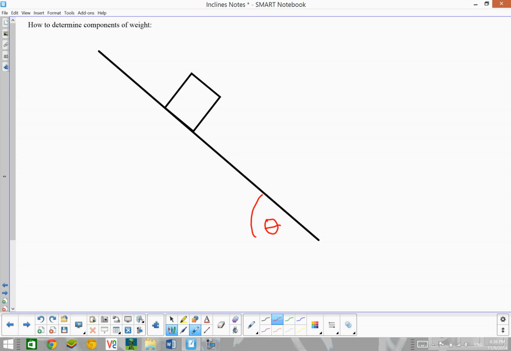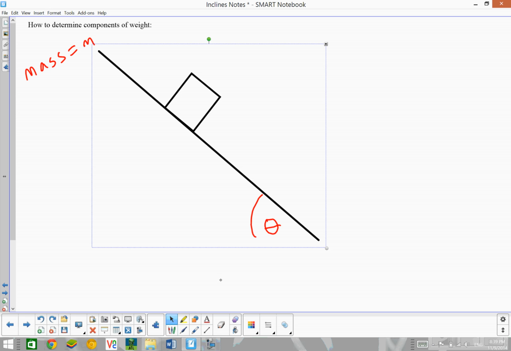Pretty good steep hill. And we're going to talk about this object that's got simply a mass of m. Later on, I'll plug numbers in so we can get an idea of how much the values are quantitatively.